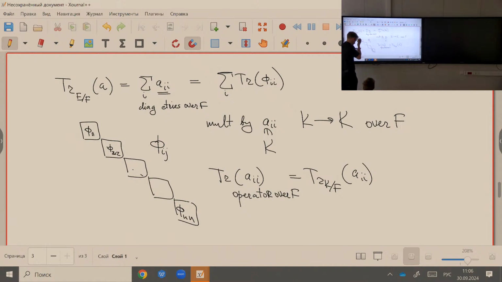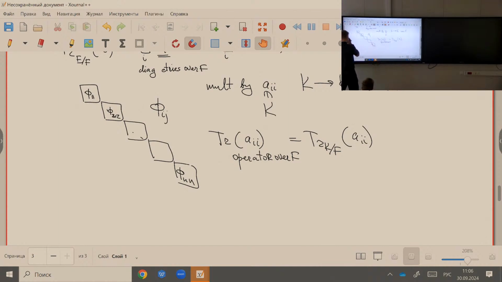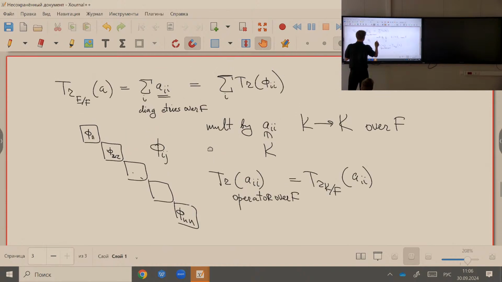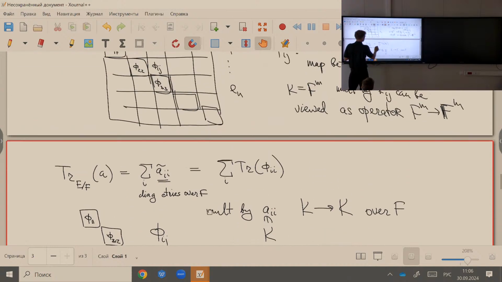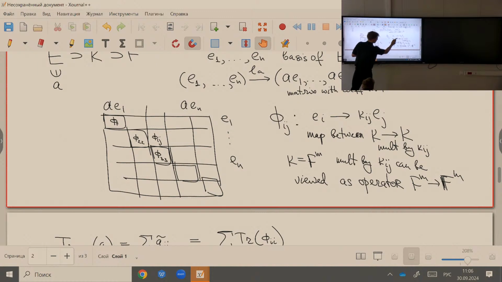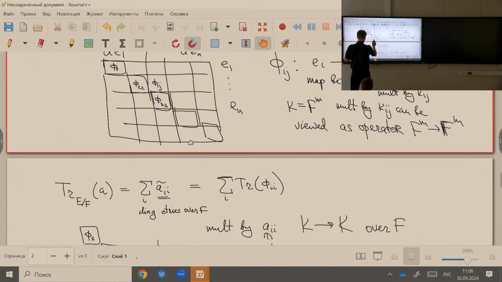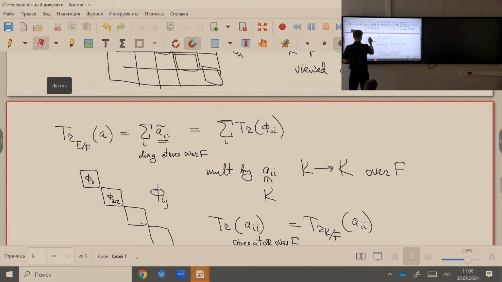Sorry, here I wanted to write that already these a_ii tilde are the operators. First we have written the matrix as if it was k_ij. Sorry, here I should write down k_ij.